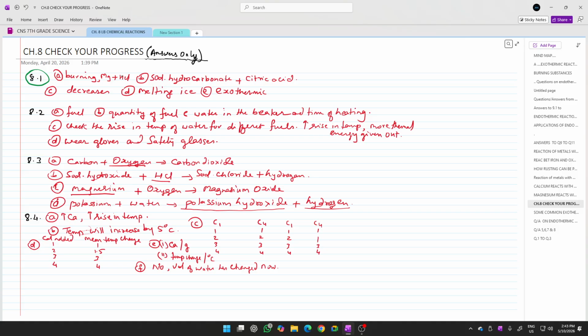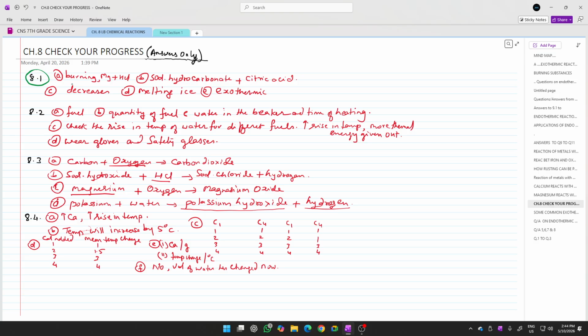Statement A is an example of a chemical reaction where thermal energy is given out to the surrounding. This is nothing but a statement for an exothermic reaction. In an exothermic reaction, thermal energy is given out to the surrounding, isn't it? So the answer for A should be exothermic reaction.